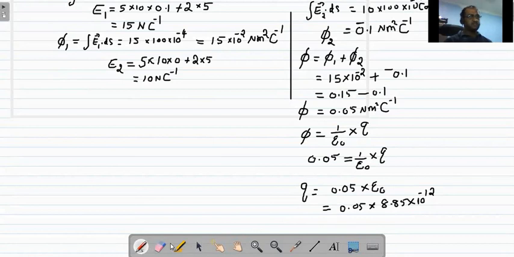This will be equal to 0.4425 into 10 raised to minus 12 Coulomb. So that is the total charge, the net charge inside the closed surface.